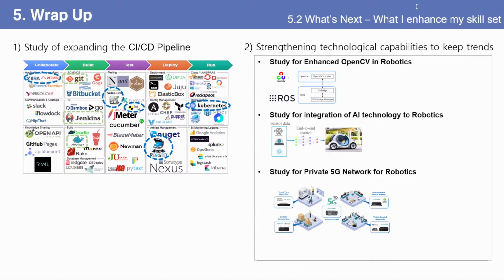Two is strengthening technology capability to keep up with the trend. Study enhanced OpenCV in robotics, since I only studied basic OpenCV in my course, study the integration of AI technology into robotics, and also study private 5G networks for robotics. That's my next target.